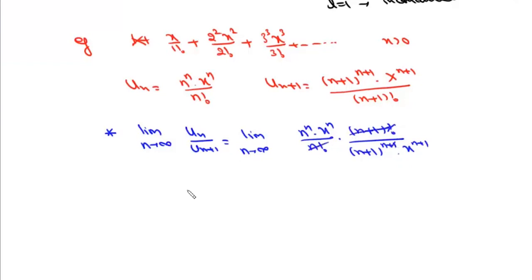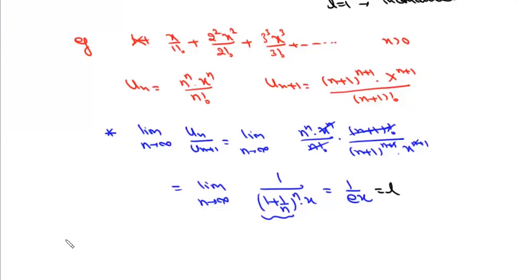N plus 1 will also cancel, so we can write this as this limit n tends to infinity 1 upon, here x to the power n will also cancel, so it will be 1 plus 1 by n to the power n into x. Now this is a standard limit, which is e, so it will be equal to 1 upon ex. So from the ratio test, we got this limit as 1 upon ex.